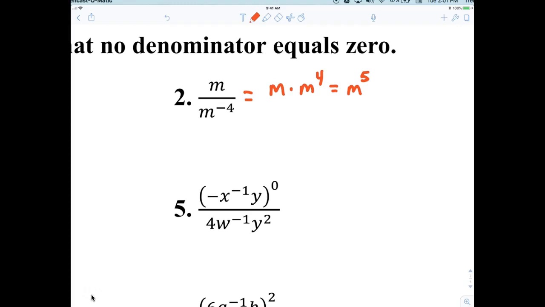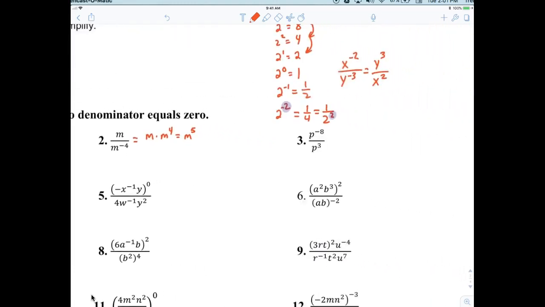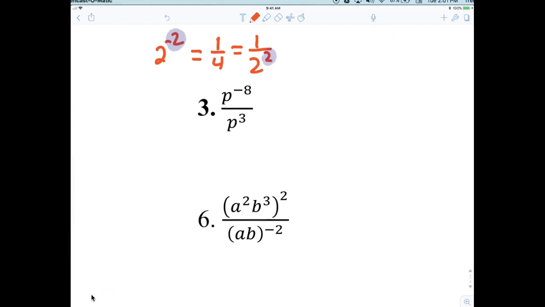All right? Here we go. That's why we're practicing. Now, again, you got to pay attention. Look carefully. 1 over p cubed times p to the 8th. 1 over p to the 11th.